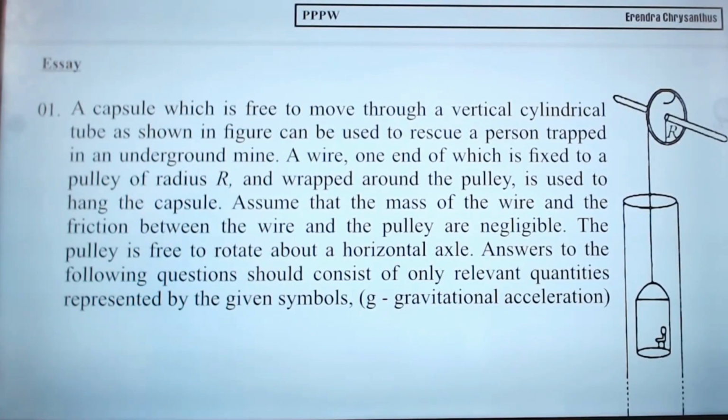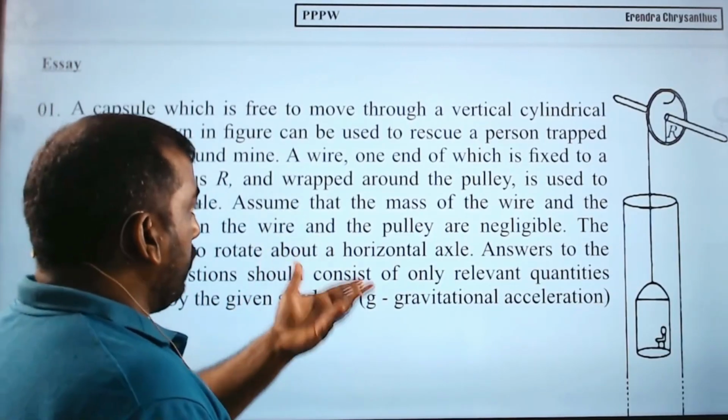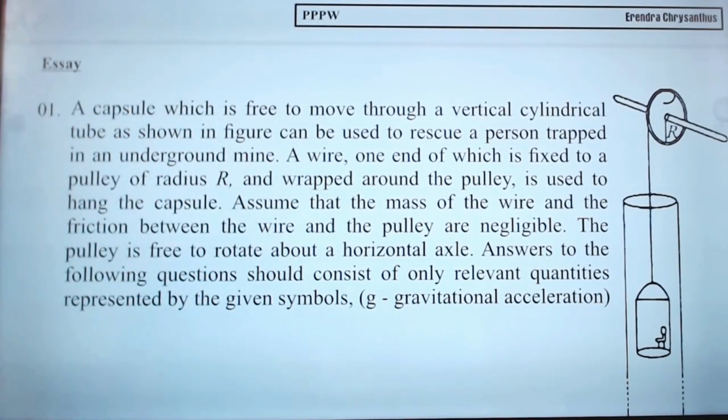A capsule is free to move downwards. A wire, one end of which is fixed to a pulley of radius r and wrapped around the pulley, is used to hang the capsule. Assume that the mass of the wire and the friction between the wire and the pulley are negligible.